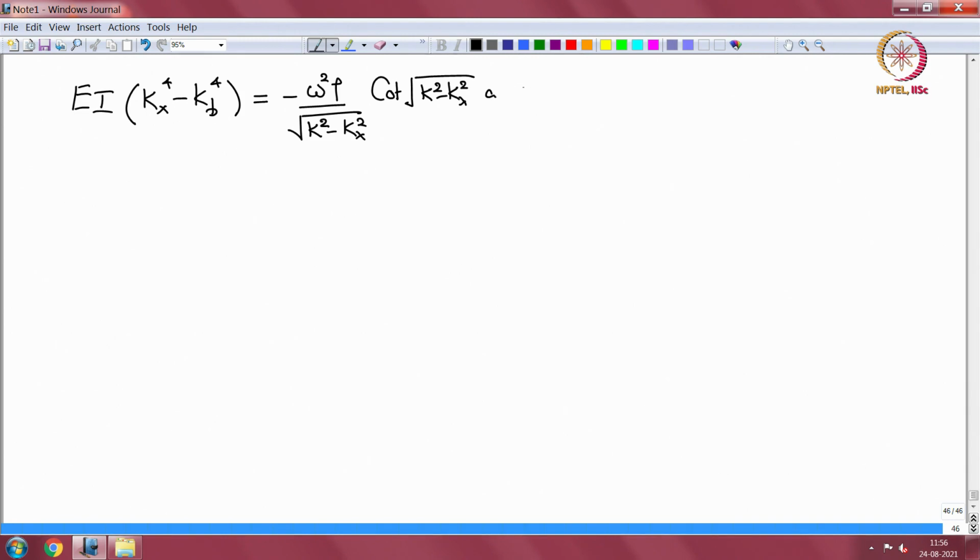This is for kx less than k, we will call it equation A.